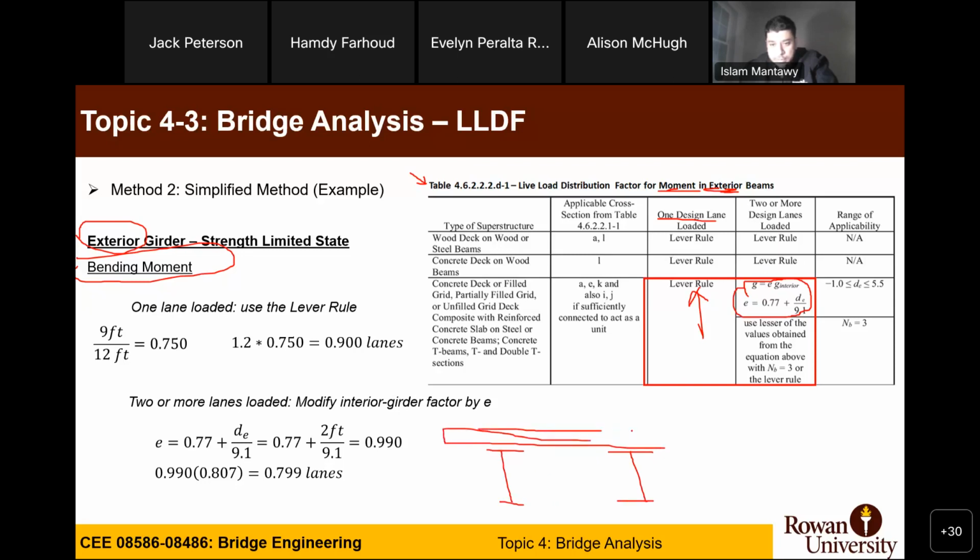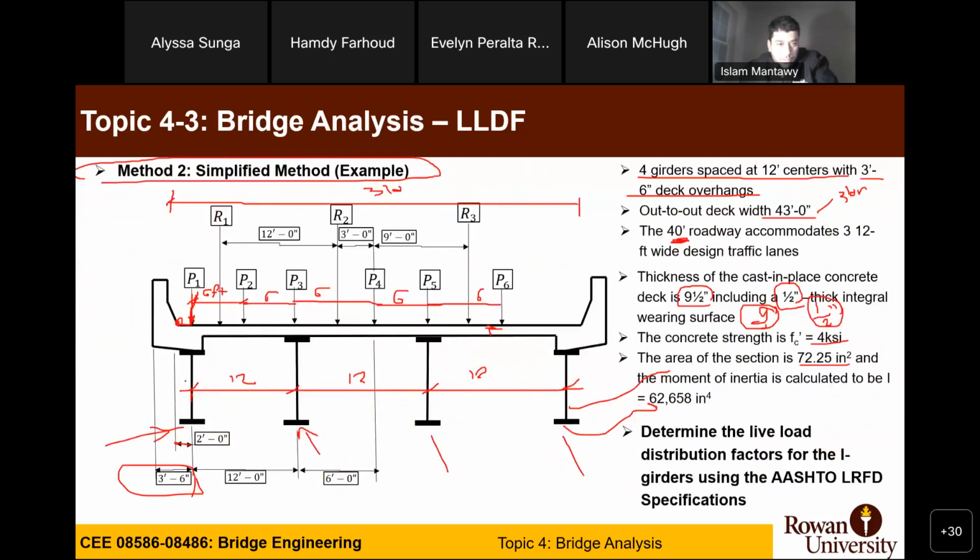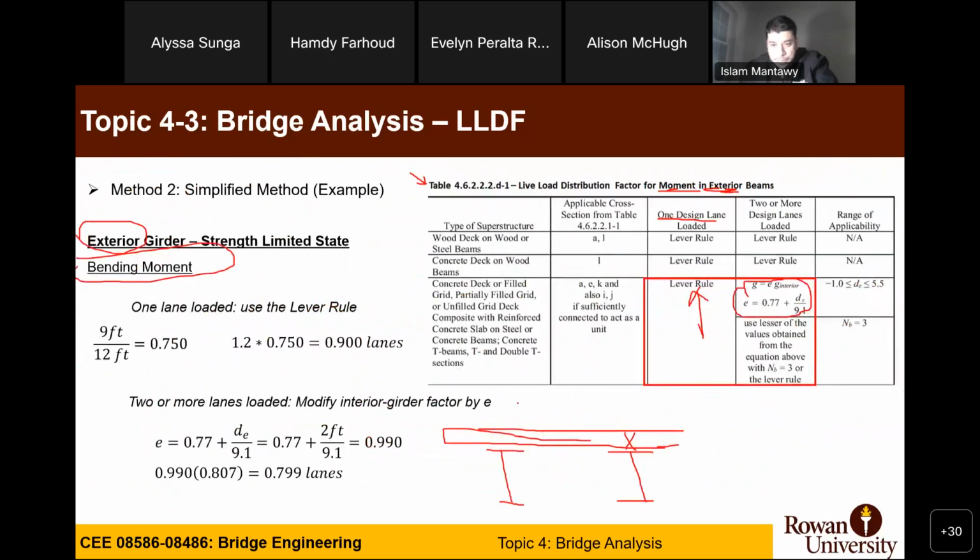You assume a hinge here. If you go back to the cross section, the first wheel was exactly at the exterior, so it was here, 0.5P, and this is 12. The other one will be located 6 feet from the first.